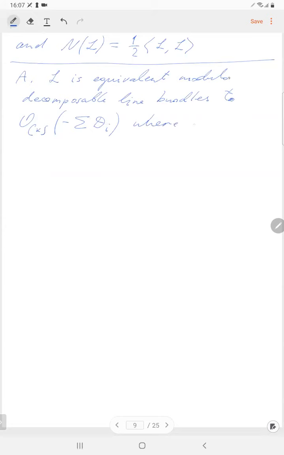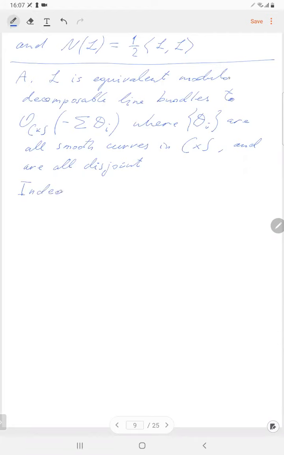The Ci's are all smooth curves in this surface and are all disjoint. Okay. So let's prove this. This is a corollary of the Bertini theorem.